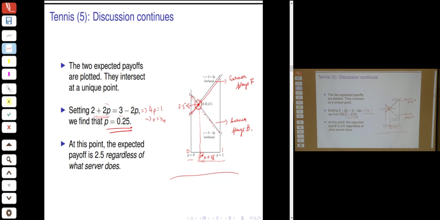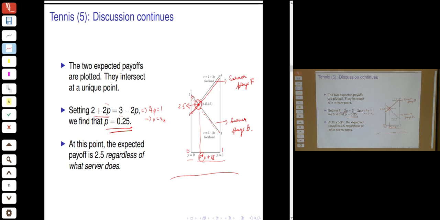So, that is the benefit of choosing p star to be the x coordinate of the point which lies at the intersection of these two payoff curves, because no matter what strategy the opponent chooses to play, your payoff will always remain fixed at the same value 2.5. Okay.